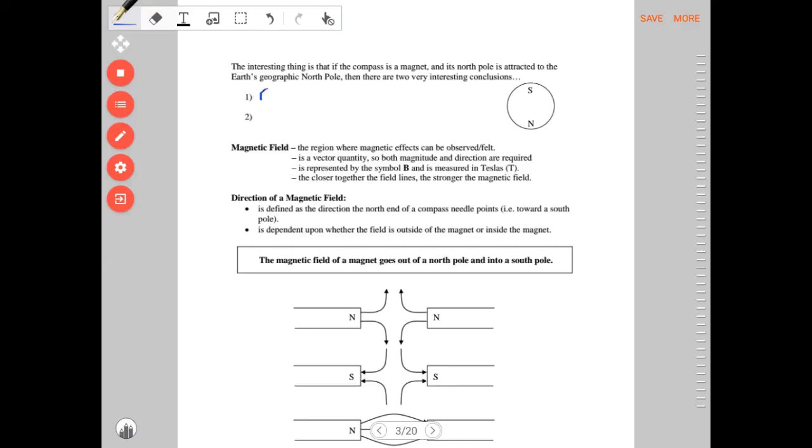One, Earth is a really big magnet. And two, Earth's geographic north pole has to be a magnetic south pole.